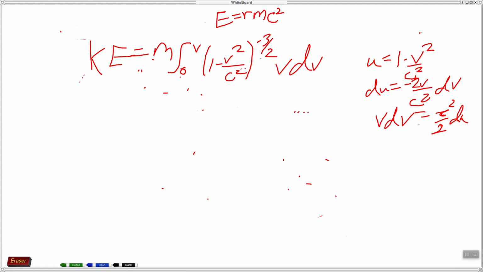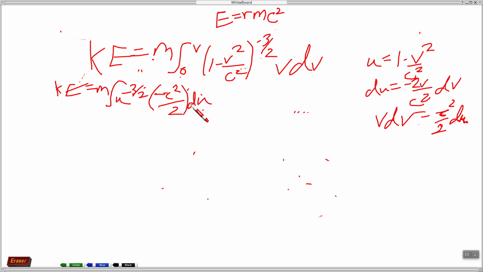That comes from this equation. Since we've set variables, we're going to make the math easier and more organized. So we're going to do KE equal to m, integral of u, which is 1 minus v squared over c squared, but let's not get to there yet, let's just use the variables, times negative c squared over 2 du.